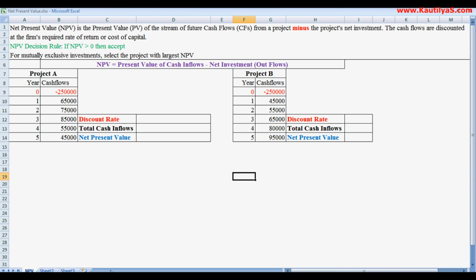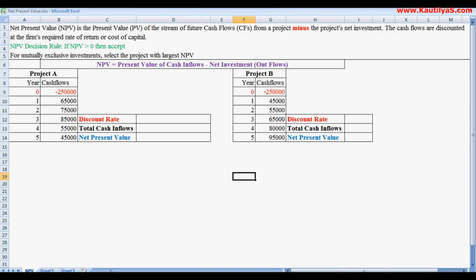While evaluating more than one project, mutually independent projects, at any point in time you may have more than one project in hand to decide whether to invest in A or B. In those cases, the project that gives you the largest NPV is accepted over the project which gives you less NPV.